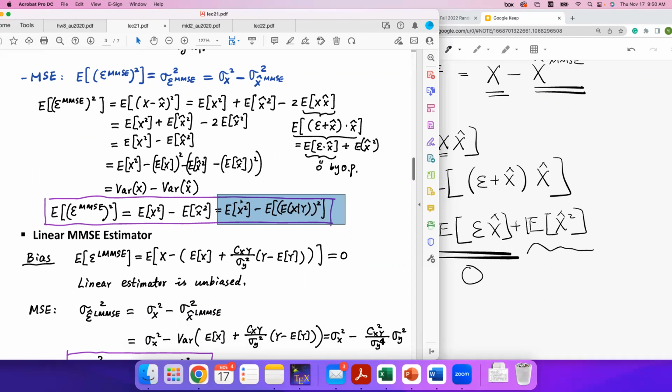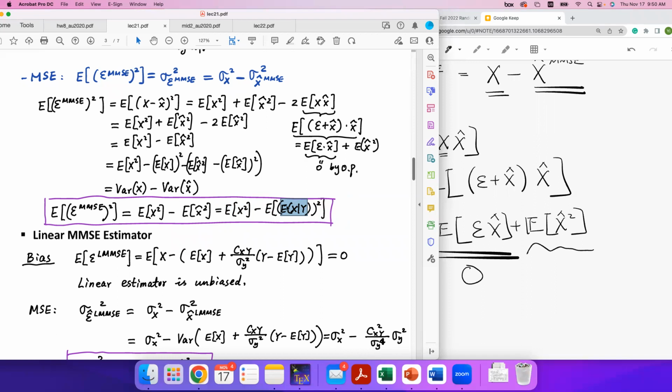To do that, we need to compute the second moment of x. If we know the PDF of x, we can do that. We also need to compute the conditional mean and then the second moment of this conditional mean random variable.